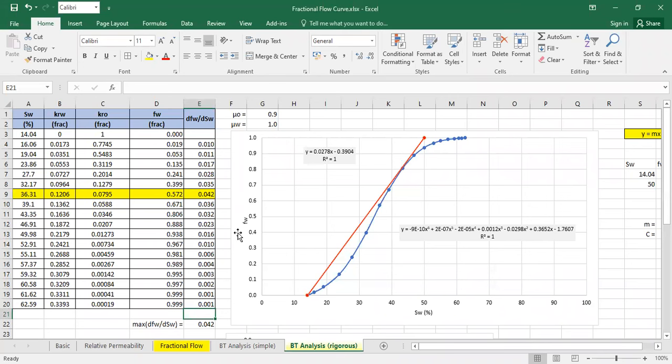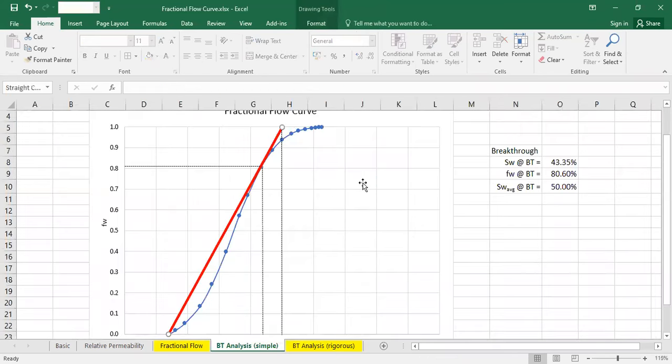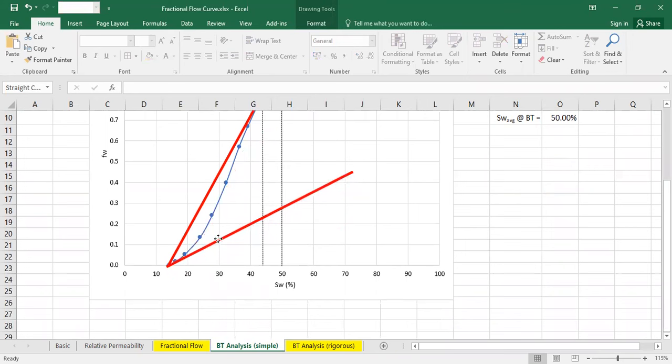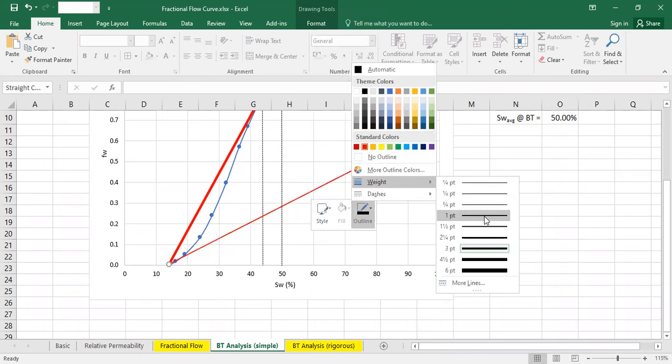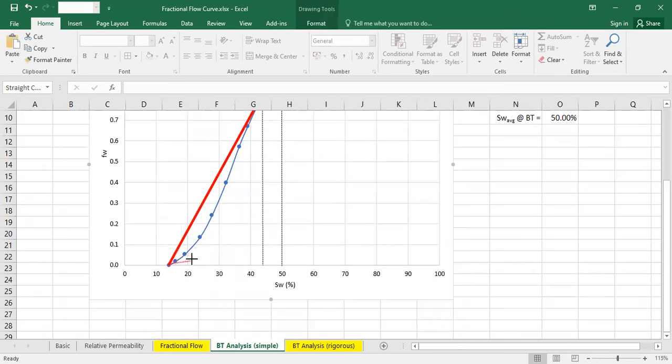Oh, sorry, we made a mistake here in the way we construct the DFW DSW. The logic is like this. If I go here, actually we can construct many tangent lines. So this is one tangent line, and then we can also make this tangent line, and another tangent line.